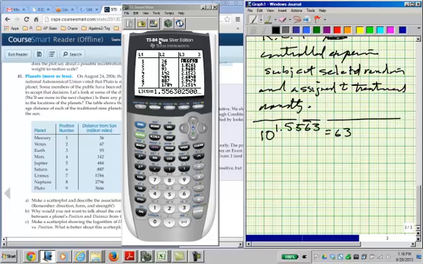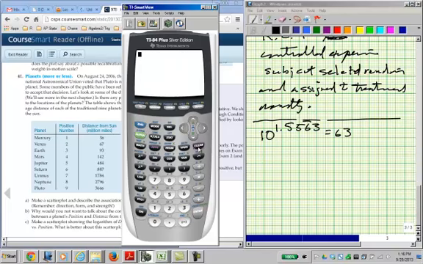Now let's just test that. Okay. Let me clear this. So 10 raised to the power of 1.5563 equals, well, pretty close to 36. About as close as you can get. I need a few more decimal places. All right, so logs really are just exponents.